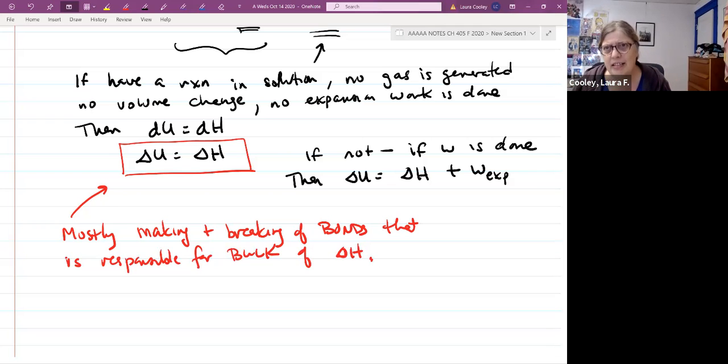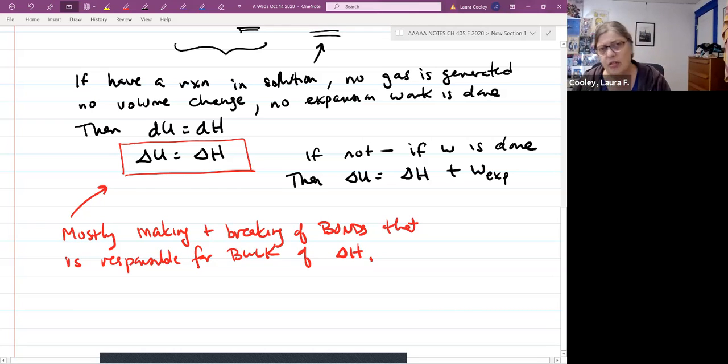But in PChem, we need to deal with the work because we need to have an accounting of all the changes, and we need to obey the first law. So the reason why these are equal when there's no expansion or compression is because mostly it's the making and the breaking of bonds that matters.